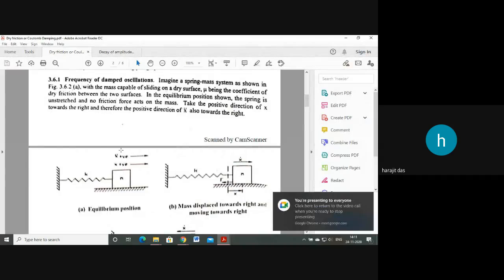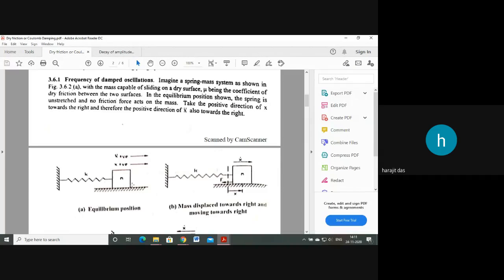So you can see, this is the equilibrium condition, so the mass is at rest initially. Whatever parameter we take to the right hand side of this equilibrium condition, we will be taking as positive, whether it is displacement, velocity or acceleration.